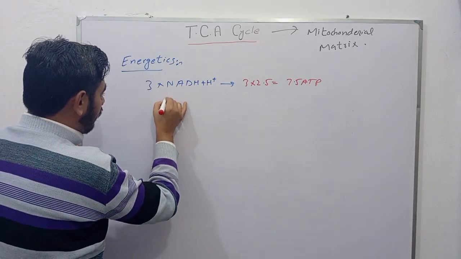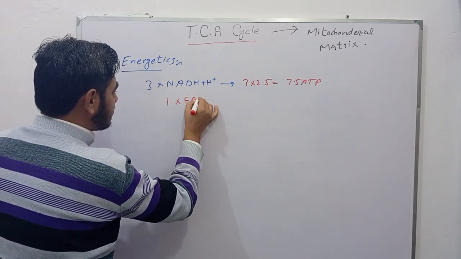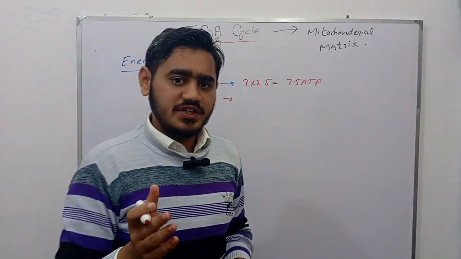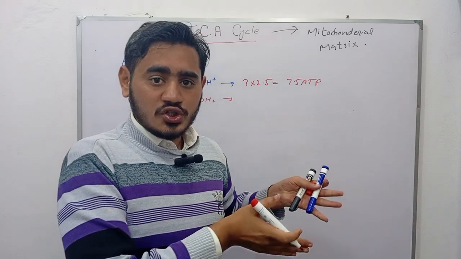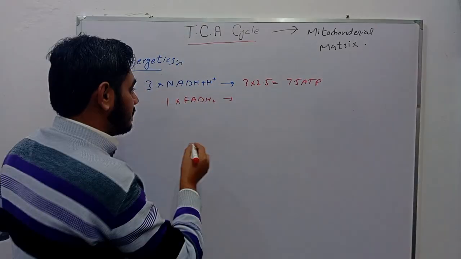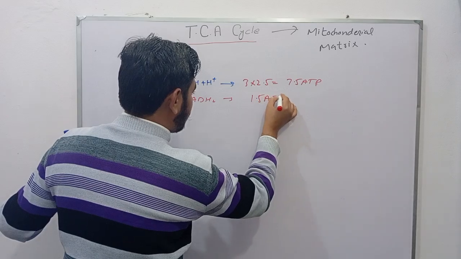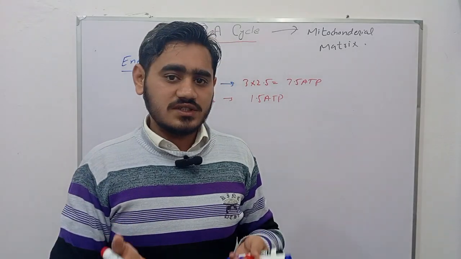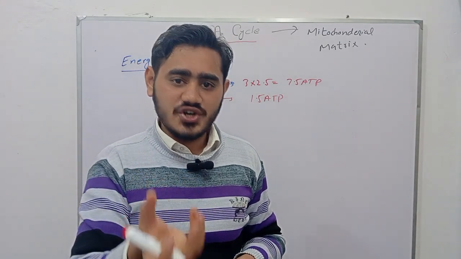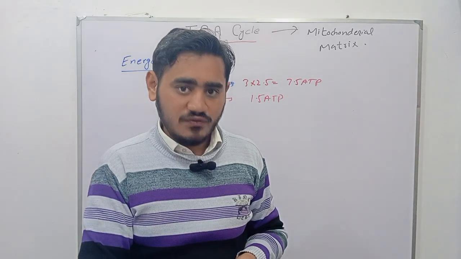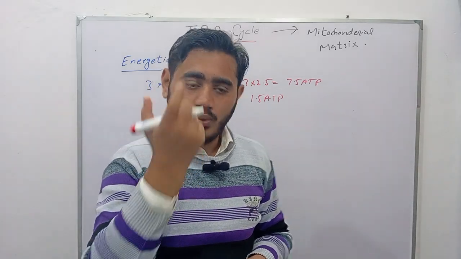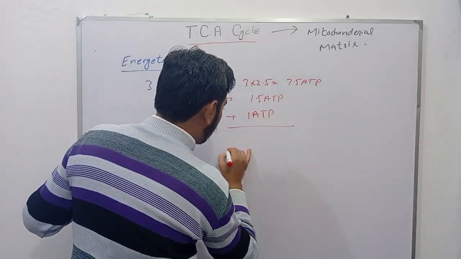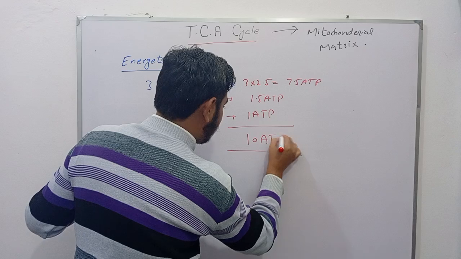And one molecule of FADH2 gets synthesized. One molecule of FADH2 in electron transport chain gives 1.5 ATP. Also, the one step that takes place in the TCA cycle, substrate level phosphorylation, synthesizes only 1 ATP. So the total amount of ATP from one molecule of acetyl-CoA is 10 ATP.